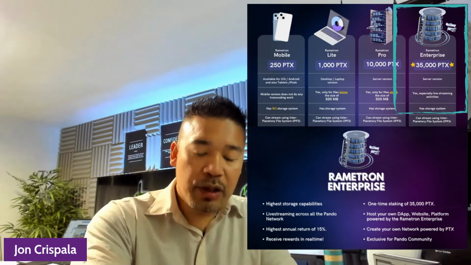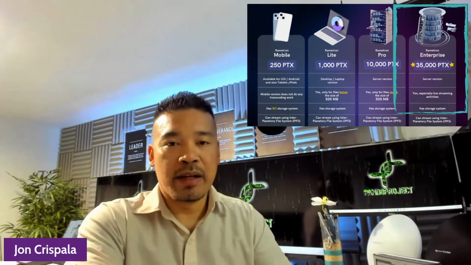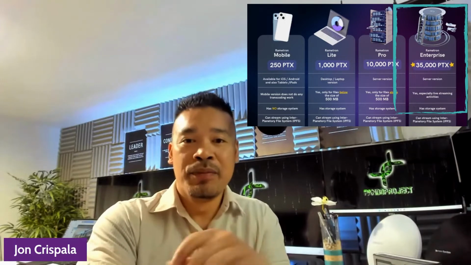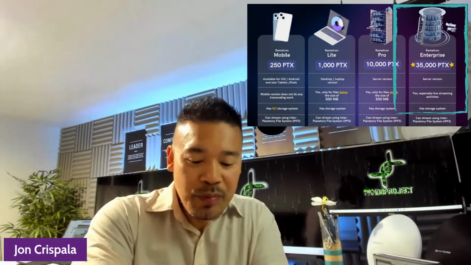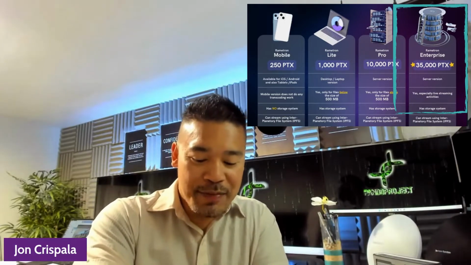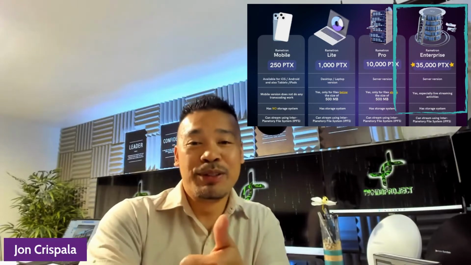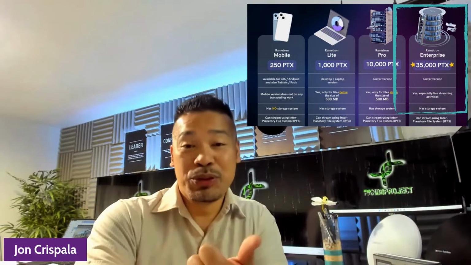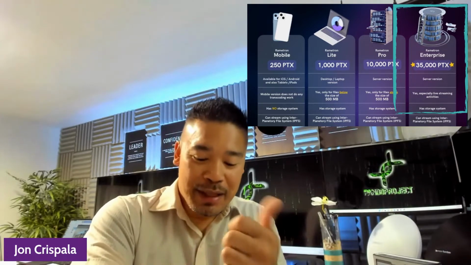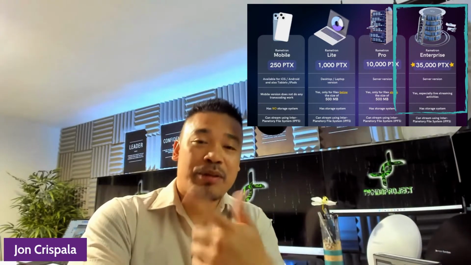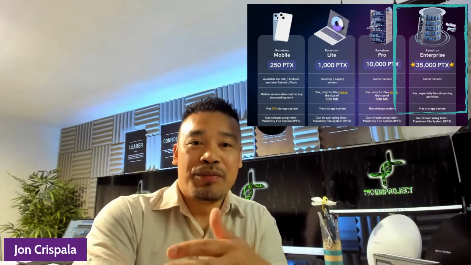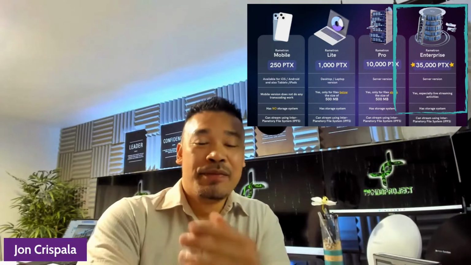And so the way I look at this is, I view the Ramatrons as real estate. I consider the Ramatron Mobile like renting a house. I mean, it still produces for you, right? But then you've got the Ramatron Lite, which I would compare to having an actual house.